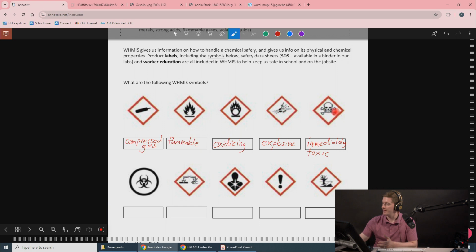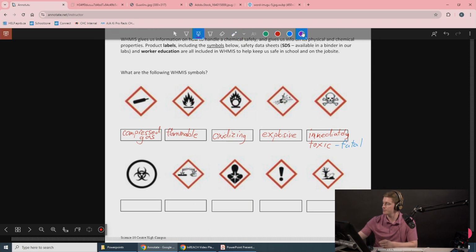Any material that has this skull and crossbones is immediately toxic. You're going to cause immediate effects by drinking this or ingesting it. Sometimes it can be absorbed through the skin or inhaled. This can be fatal very quickly, this skull and crossbones. We'll contrast that to this symbol here in a moment.